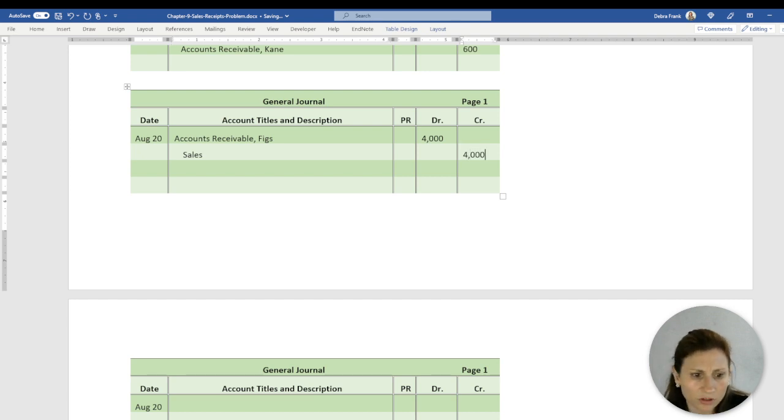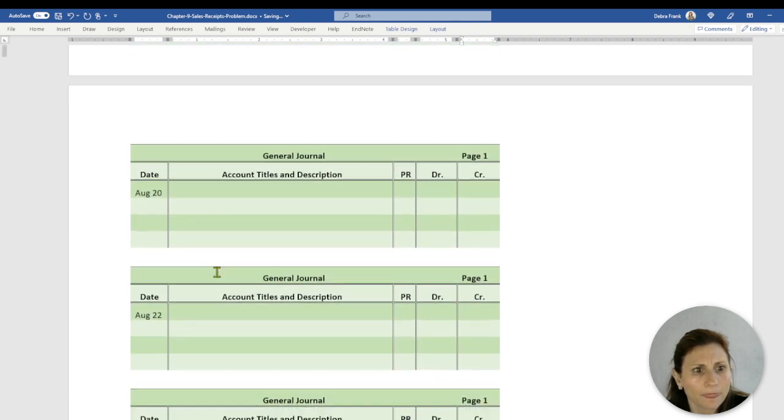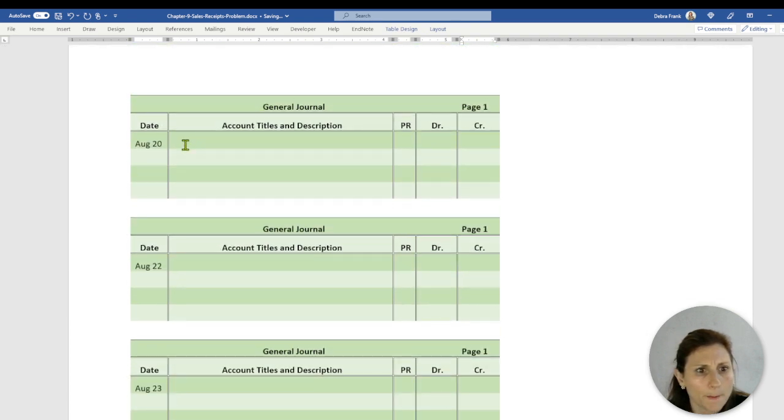And now we got to record the associated cost. So let's bring this up a little bit for you. And so we'll record a debit to cost of goods sold, and that'll be our expense. And then we're saying, okay, the merchandise is no longer there. And so we'll record a credit.